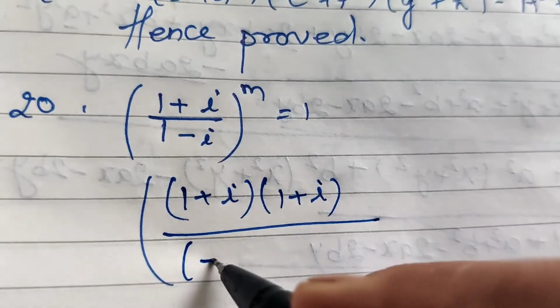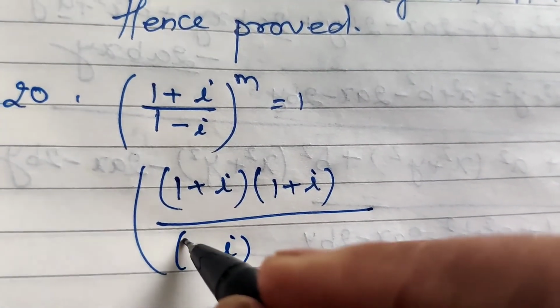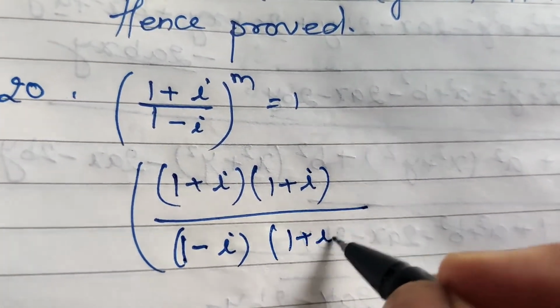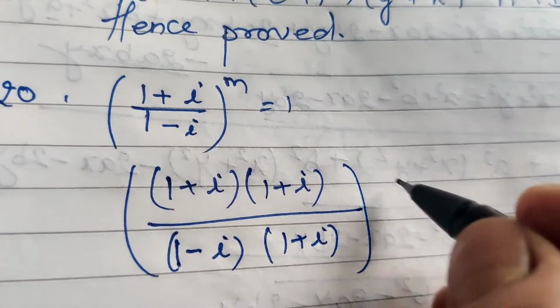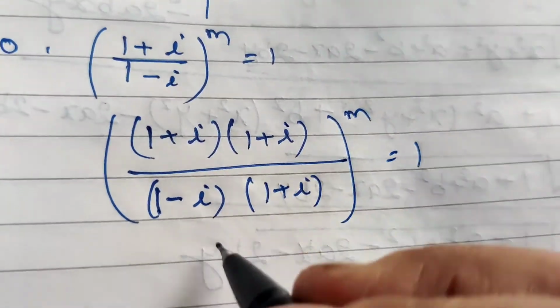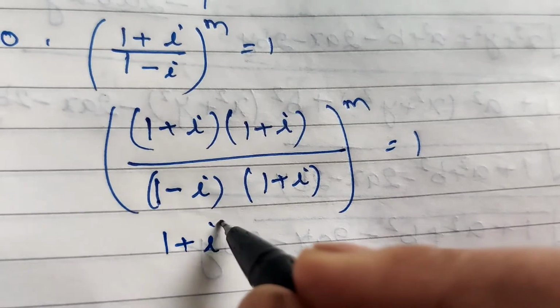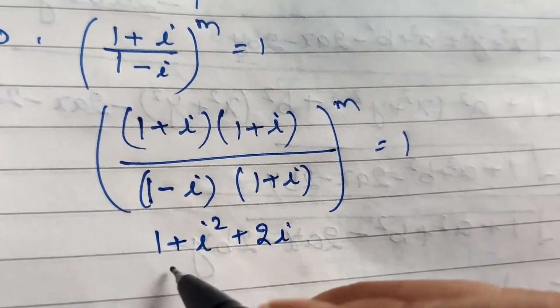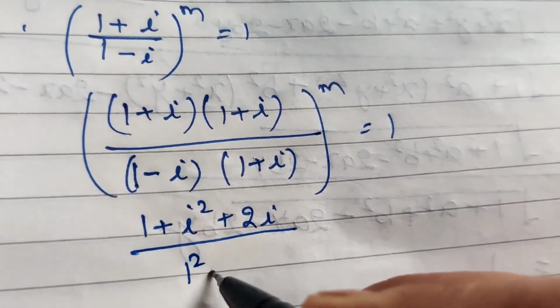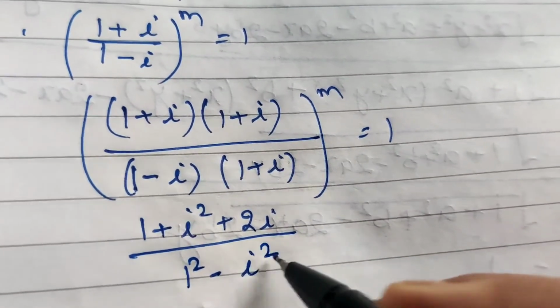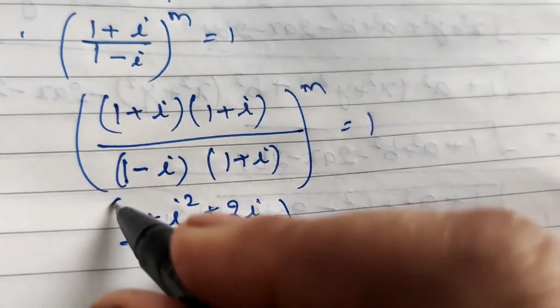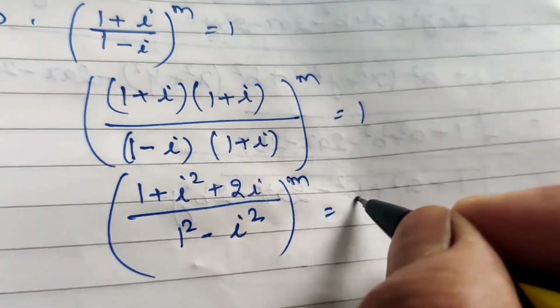Multiplying 1 plus i in both numerator and denominator, power m equal to 1. It is 1 plus i square plus 2i, and 1 square minus i square, raised to power m equal to 1.